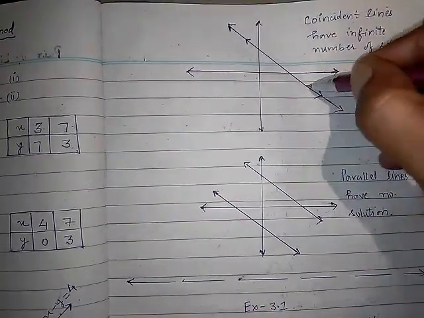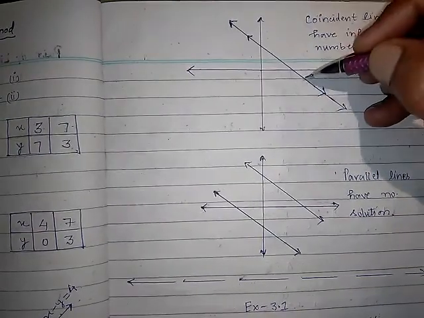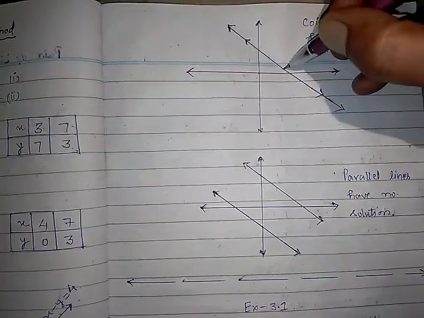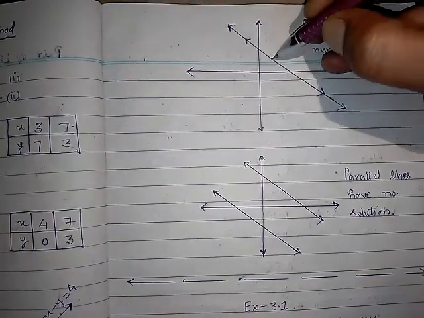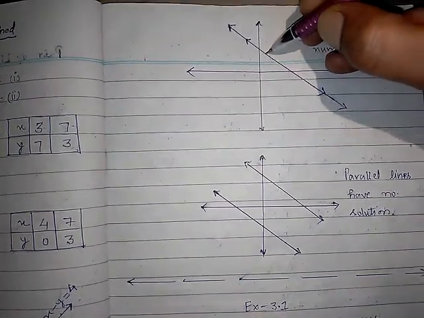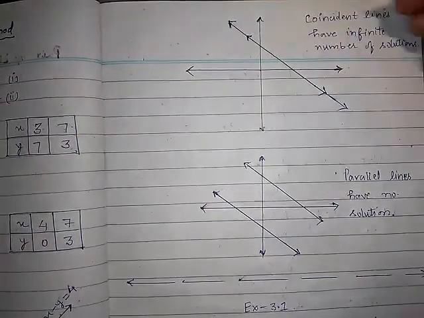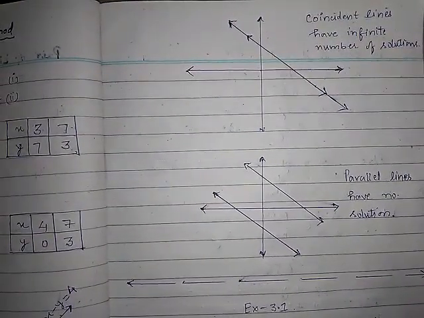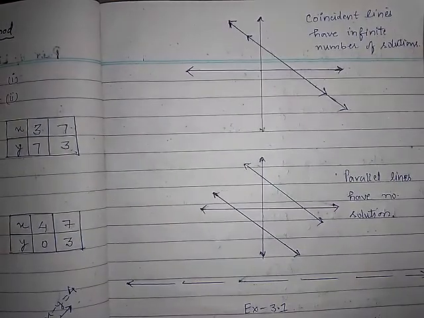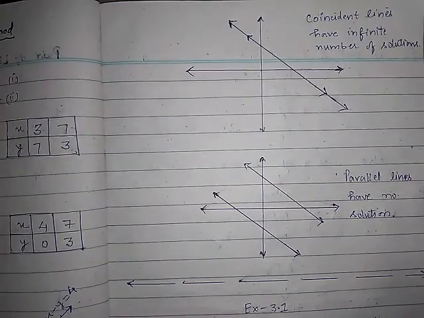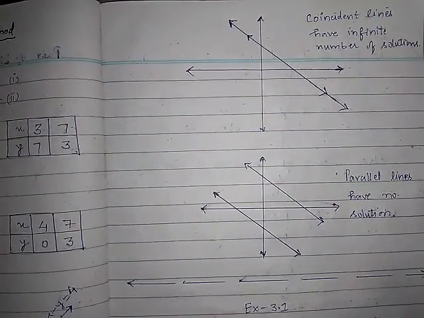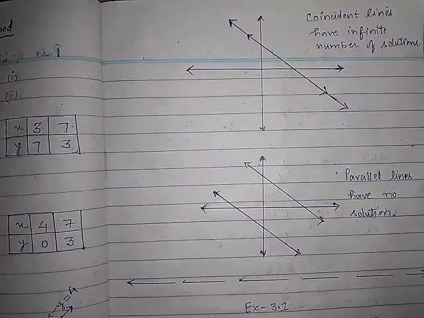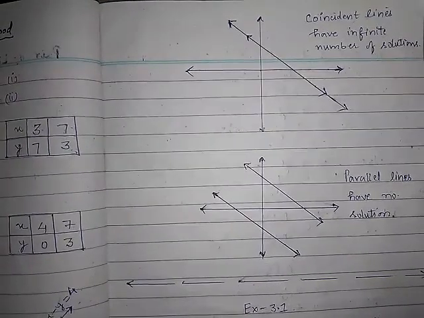This is a point which lies on both lines. In such a way, there are infinitely many common points. So infinitely many common points means an infinite number of solutions, right? I hope you have understood that coincident lines always have an infinite number of solutions, right?